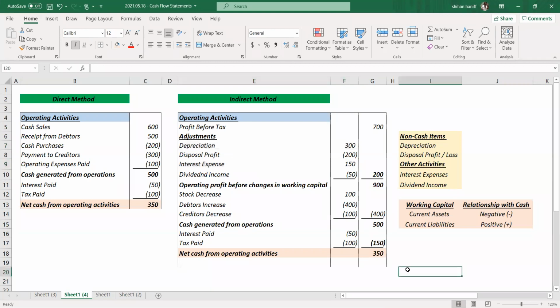Right. Now let's do a question. So here entries in both methods are different.